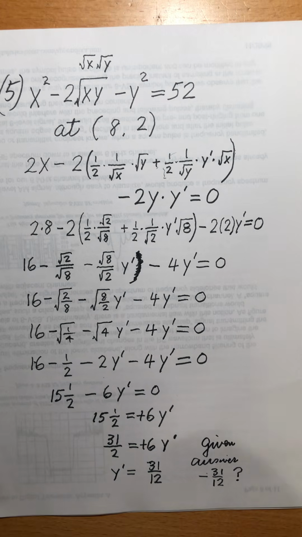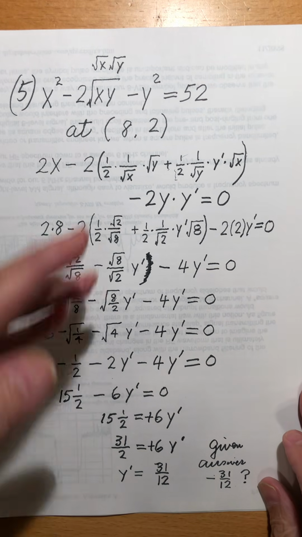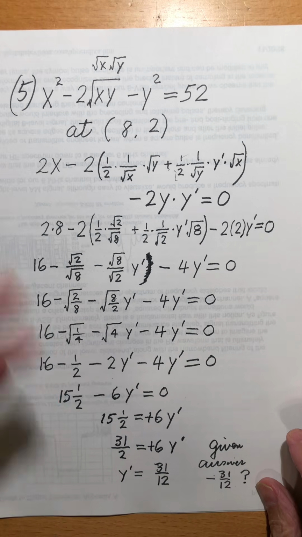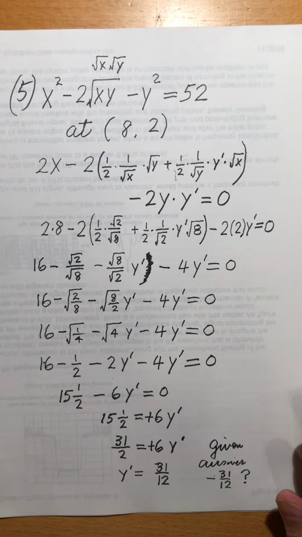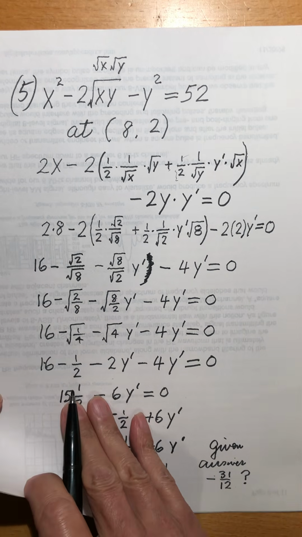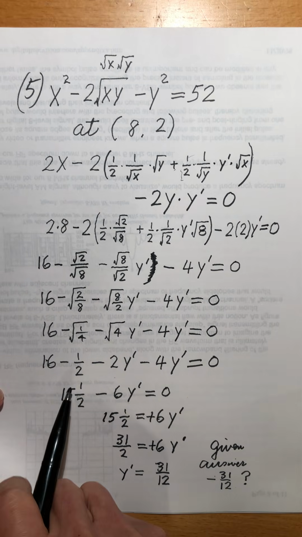I need to double check whether the answer is plus or minus. In the meantime, you can go over this and do it yourself and check every step to see whether the answer is positive or negative. You do that. And then number 6.